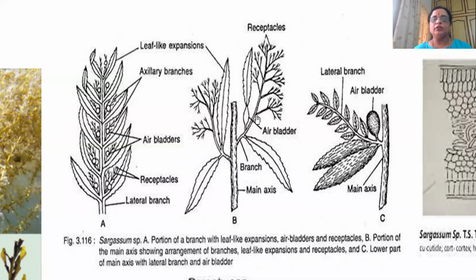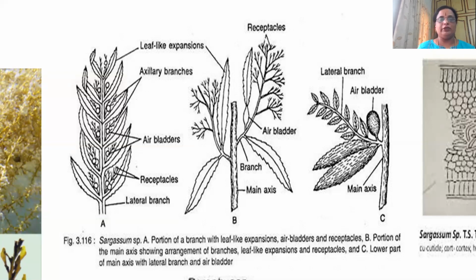The receptacles have special structures inside them called conceptacles. What are these conceptacles? They are like gametangia, the structures which produce the gametes.